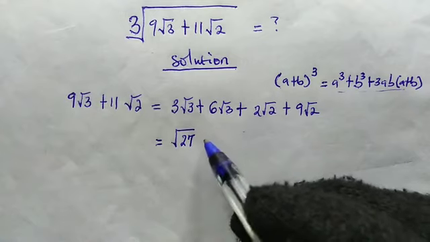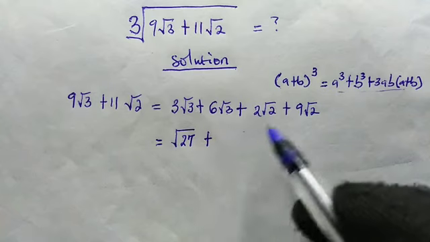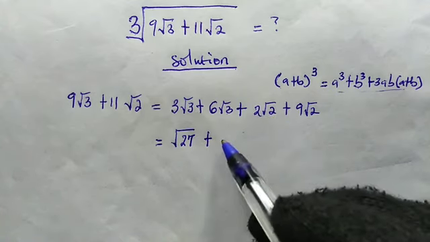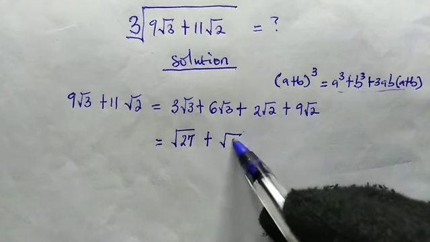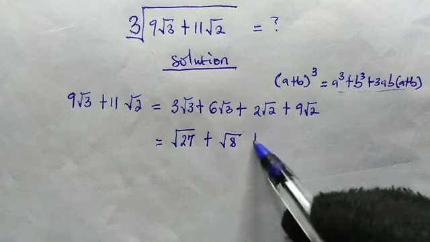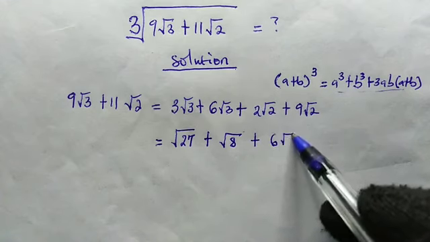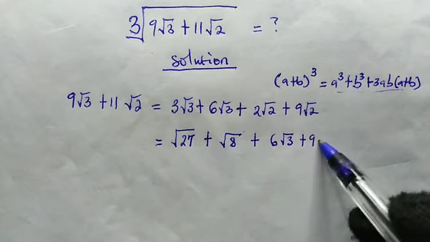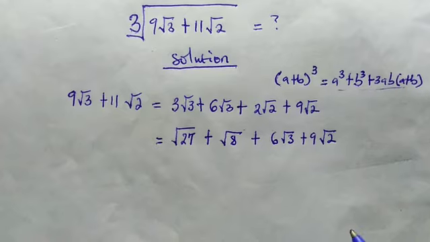Okay, then plus here 2 root 2 is the same as the square root of 8, and here we combine these two terms, 6 root 3 plus 9 root 2.